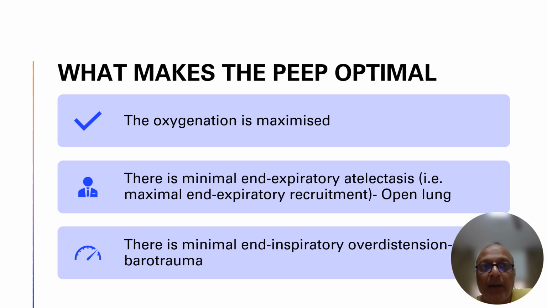Optimal PEEP provides appropriate gas exchange, meaning it should provide viable gas exchange without excessive dead space generation or potentially toxic levels of FiO2. It should keep the lung open, meaning preventing cyclic airway collapse and keeping all unstable alveoli recruited. It should avoid alveolar overdistension, so minimizing barotrauma, and it should not compromise hemodynamics.